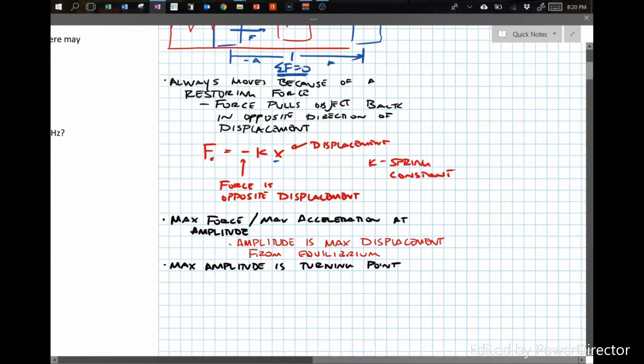That's part of why we have our big acceleration. But what that means is that because we're turning around, the velocity at the maximum amplitude is 0. We are temporarily at rest at the maximum amplitude. The other thing that happens at the maximum amplitude is that we're storing our maximum amount of potential energy.